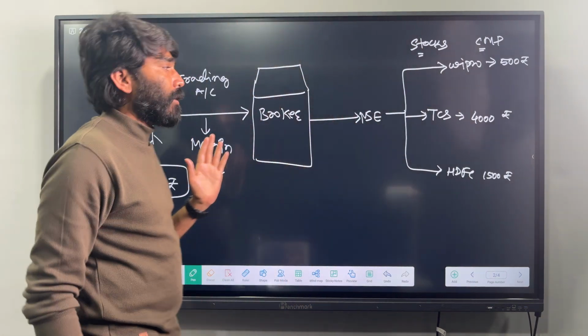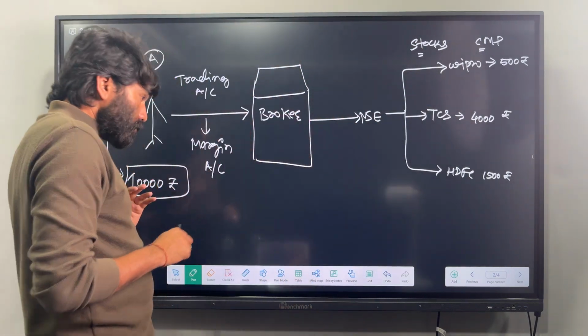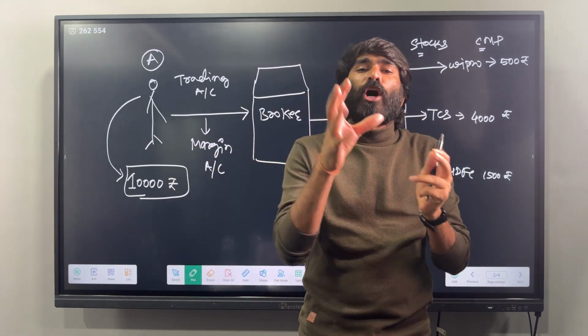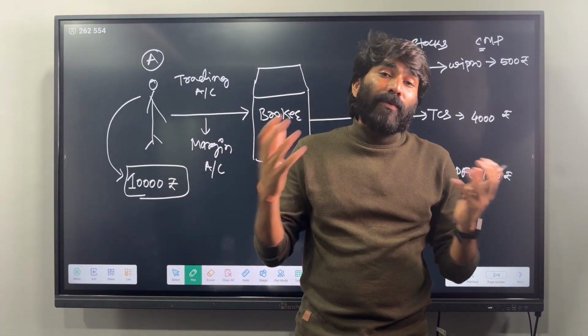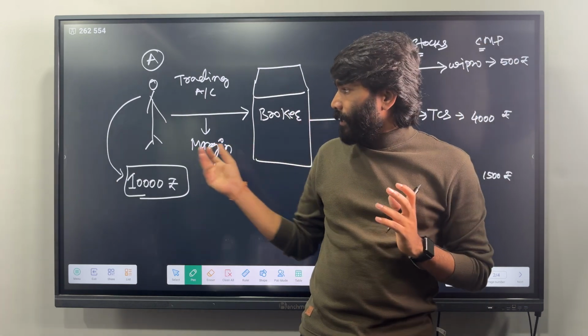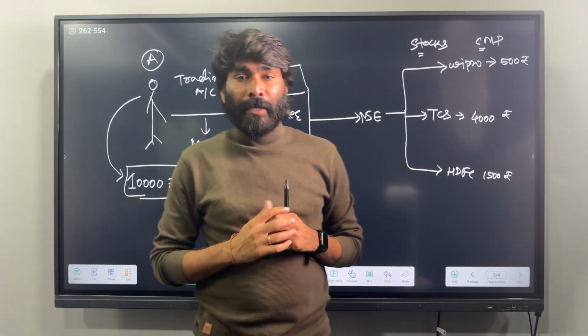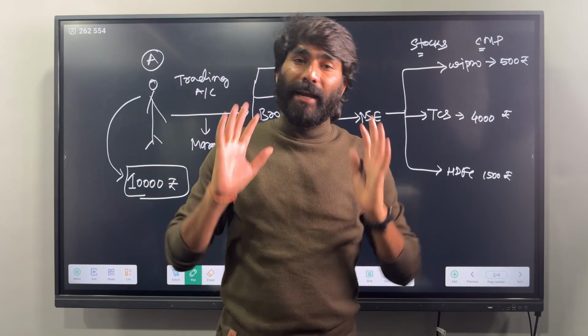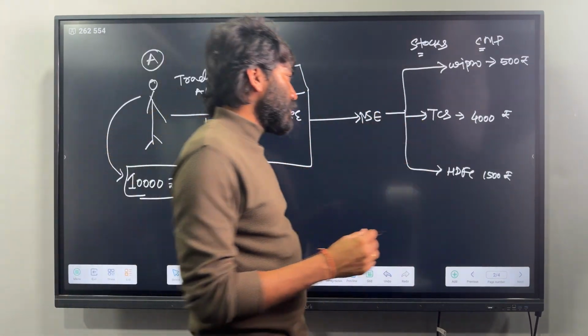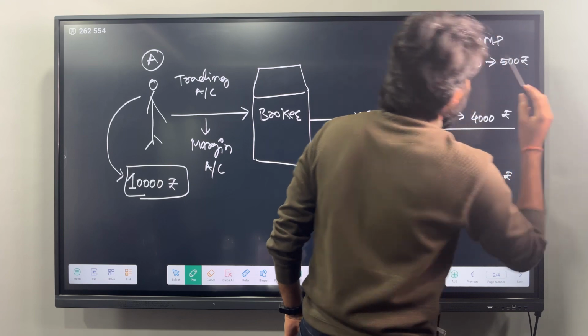But here's the catch, guys: if I have a small capital and what if I want to purchase quantities in bulk? Let's say I want to purchase a quantity of 10, how can I buy it? If I want to buy 10 quantities of TCS, how can I buy it?